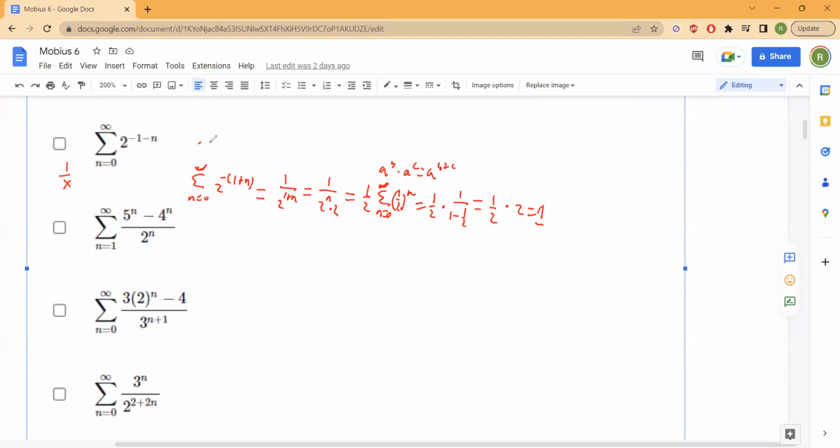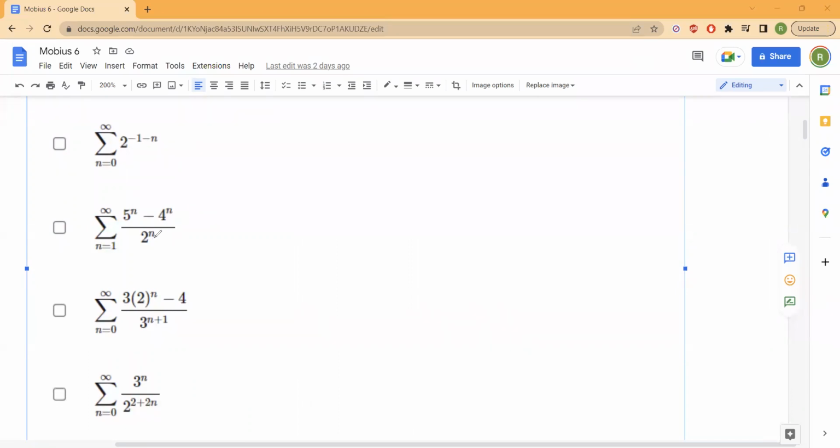So then if we look at our next one, 5 to the power of n minus 4 to the power of n over 2 to the power of n. Again, this time we need to make sure that we notice that n equals 1. What we're going to do here is split these up. We have the sum from n equals 1 to infinity of, in brackets, 5 to the power of n over 2 to the power of n minus 4 to the power of n over 2 to the power of n.